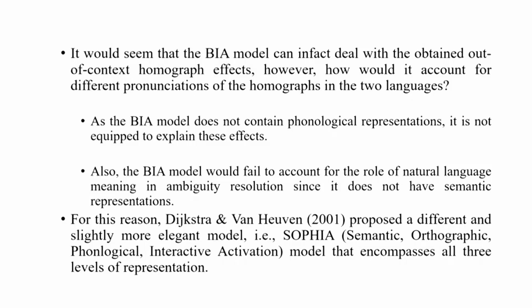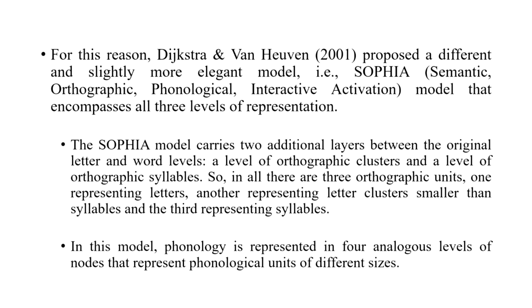Let us look at this in more detail. The SOPHIA model carries two additional layers between the original letter level and the word levels. There is a level of orthographic clusters and a level of orthographic syllables. So, in all, there are three orthographic units, one representing just letters, another representing letter clusters like bigrams and so on, and the third representing syllables, which are combinations.